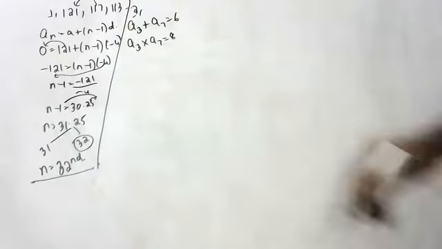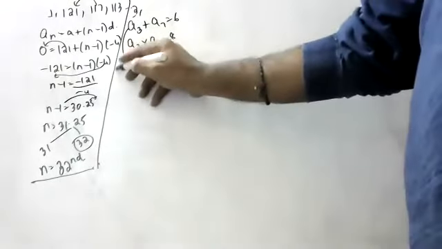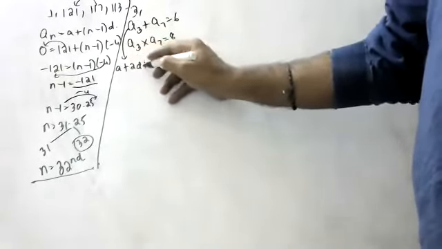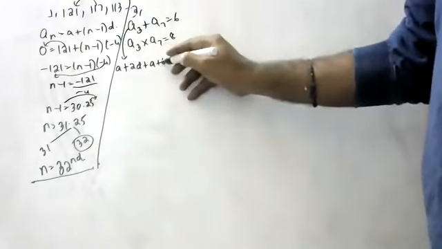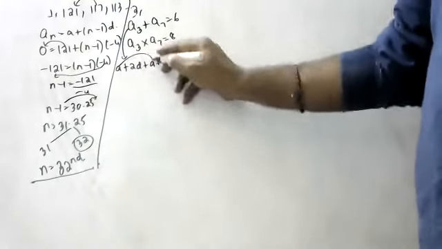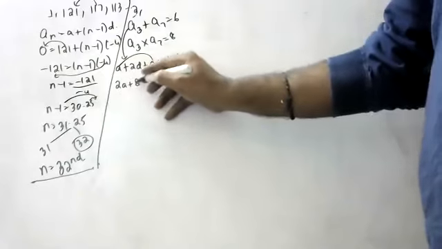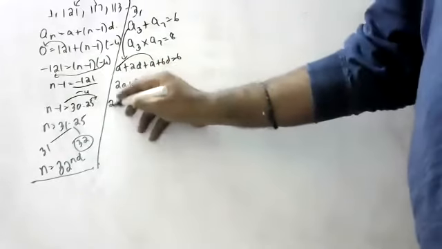Okay, Premi, tell me. A3 is? A plus 2d. A plus 2d plus A plus 6d is equal to 6. 2a plus 8d is equal to 6.